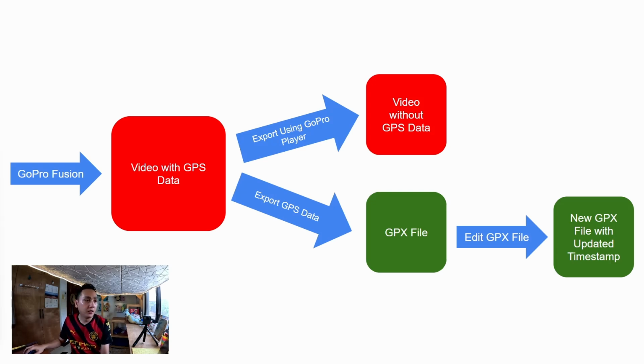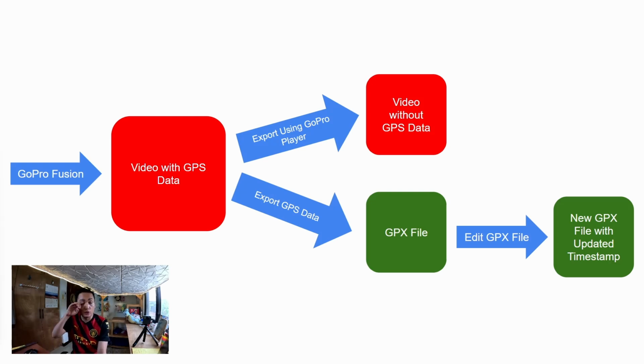But before that, from a video that has the GPS data, we can create a new video without GPS data using the GoPro Player. I'll show you this later on: we will export a video from GoPro Fusion using the GoPro Player, and it will not have the GPS data anymore. Also, from the video with GPS data generated by Fusion, we will export the GPS data as a GPX file.